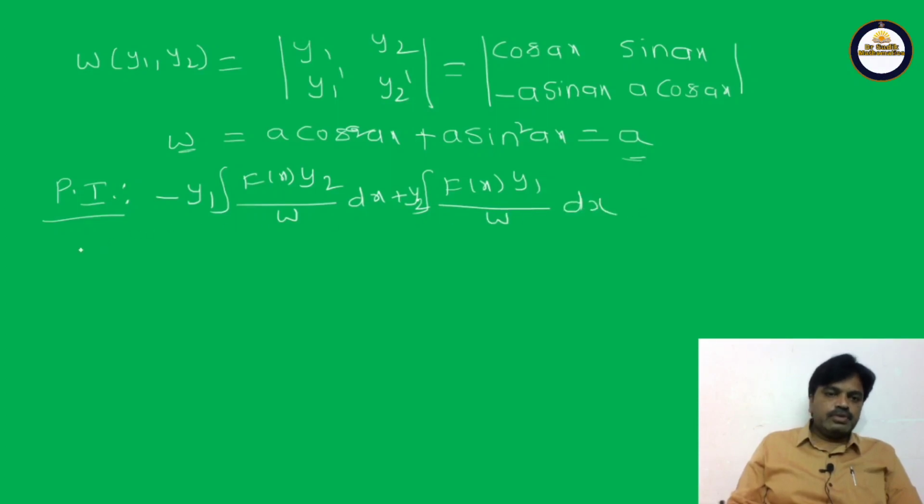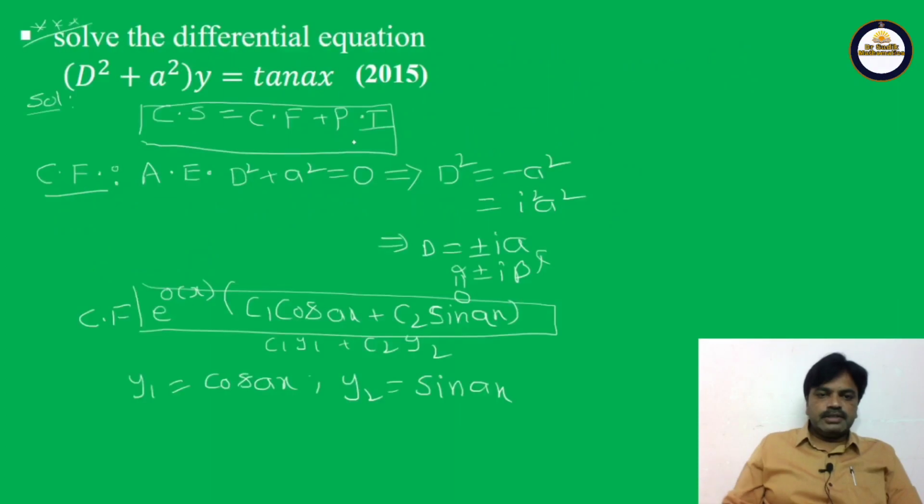What is y1? y1 is cos ax, so we get here minus cos ax integral of f of x. f of x is tan ax, friends.